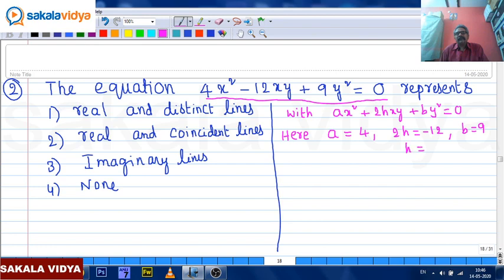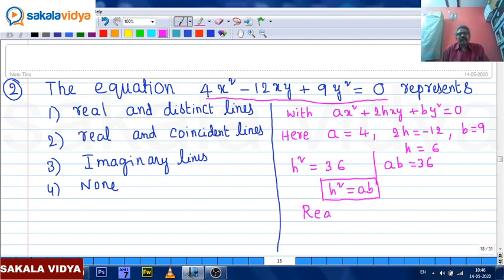So h becomes minus 6. First find h square, 36. Next find ab, 36. So we conclude that h square is equal to ab. If h square is equal to ab, the lines are real and coincident. So the second option is the right option.